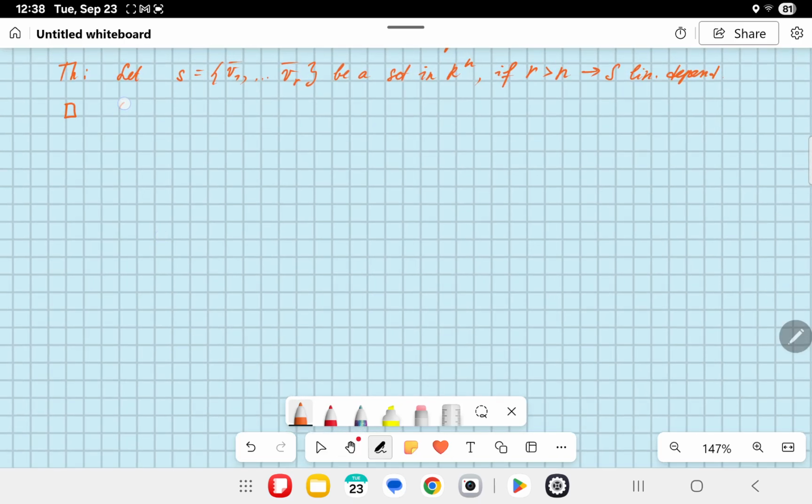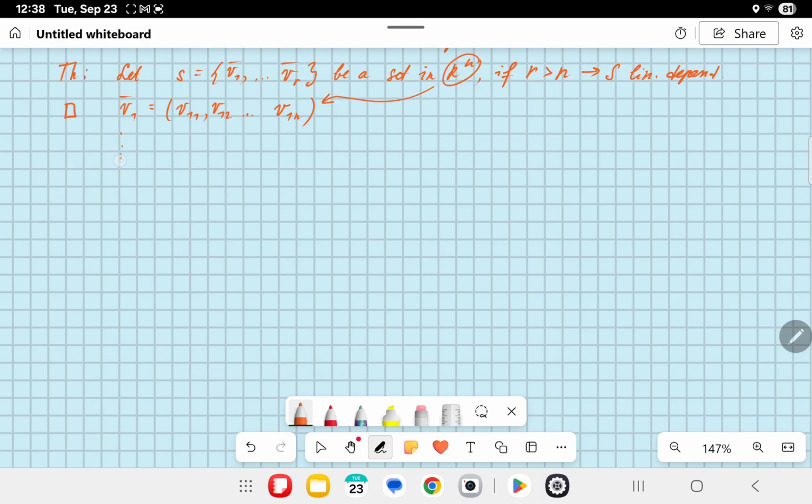I'm going to express every vector in component form. My vector v1 has components v11, v12, ..., v1n. Why does it have n components? Because it's Rn.